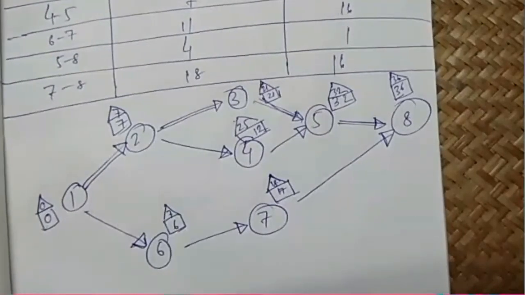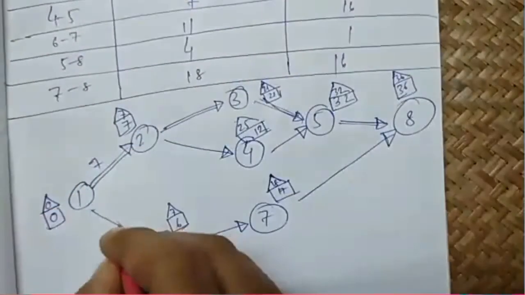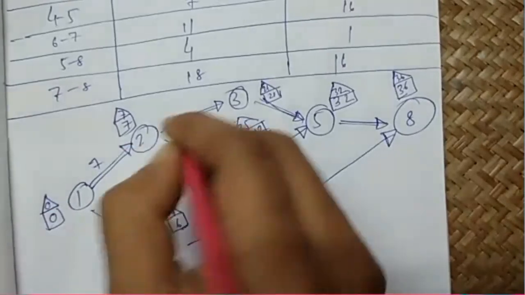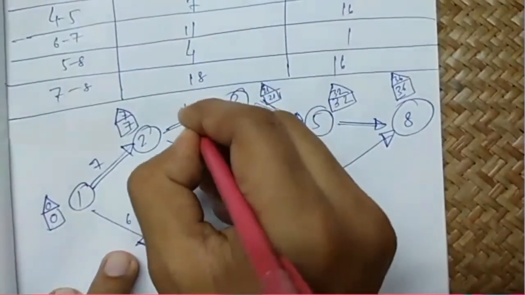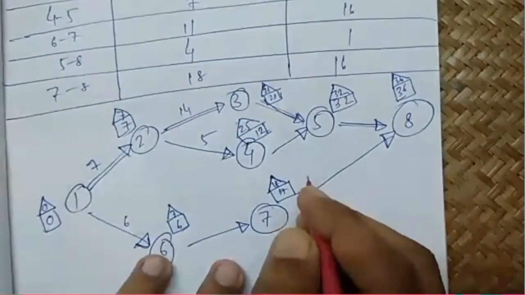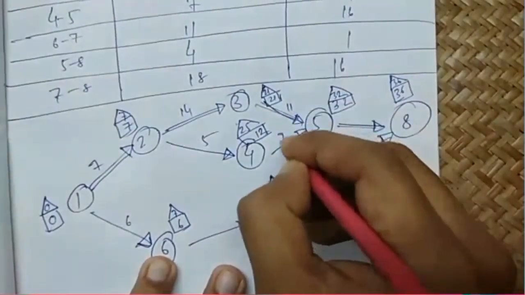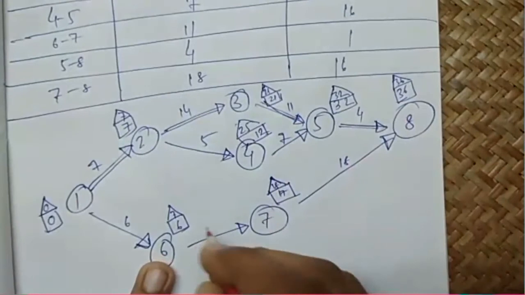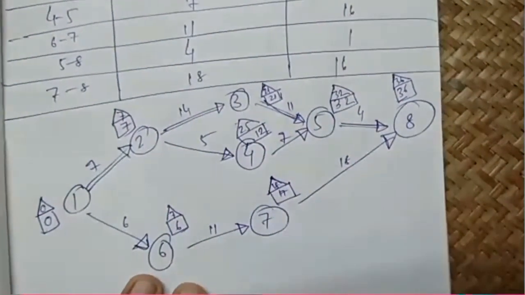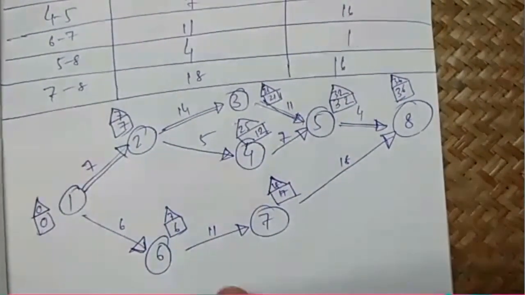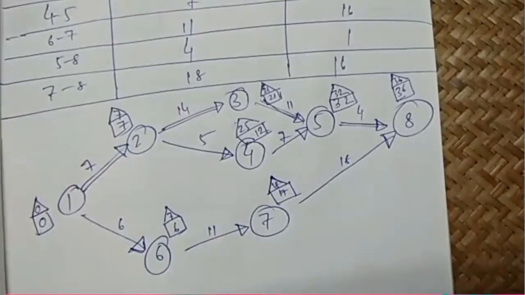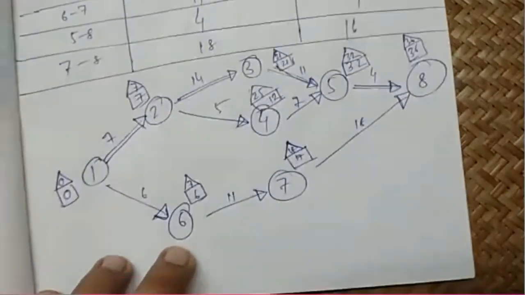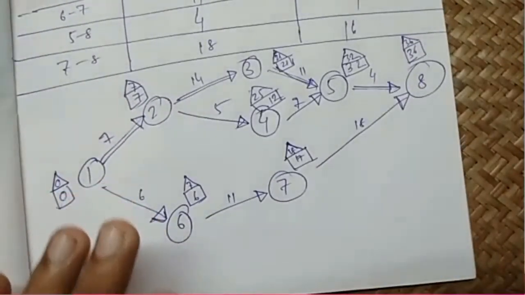Okay, so now we are done, and these durations are like this: 7, 6, 14, 5, 11, 7, 4, 18, 11. Okay, so this is the network you have already learned.